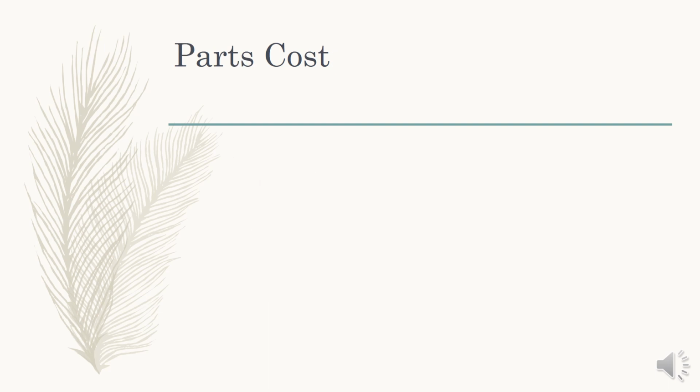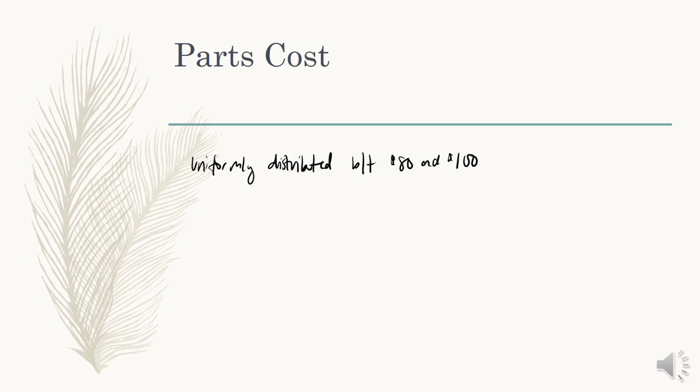They also don't know the parts cost, but what they do know is that it's uniformly distributed between $80 and $100. Now what that means is that we don't know what the cost is going to be.